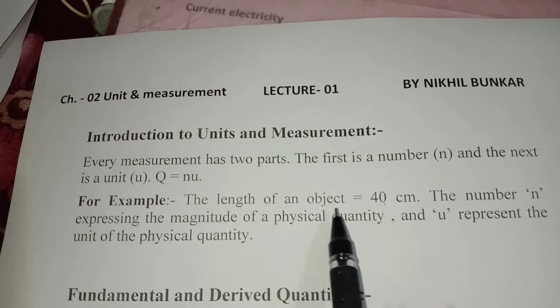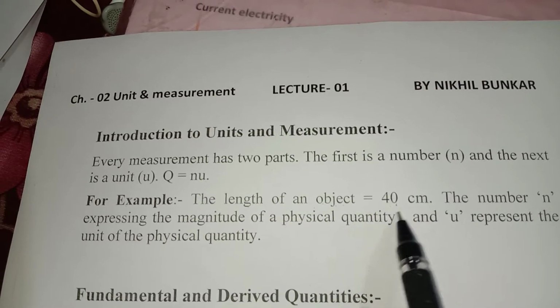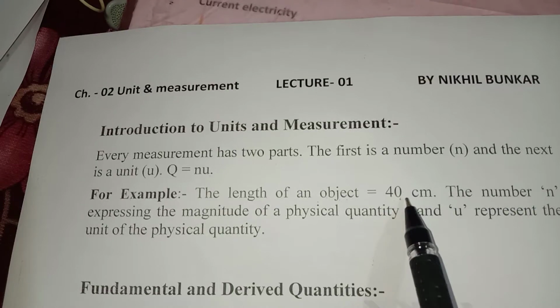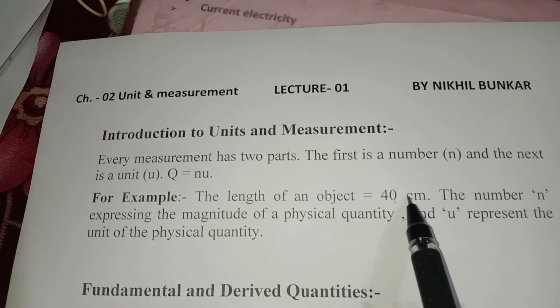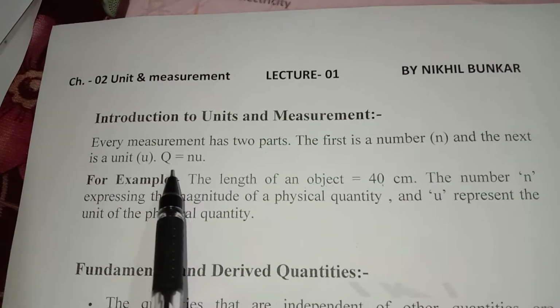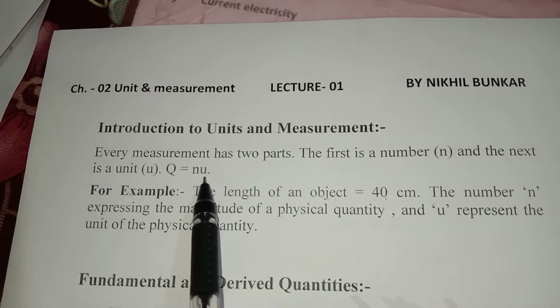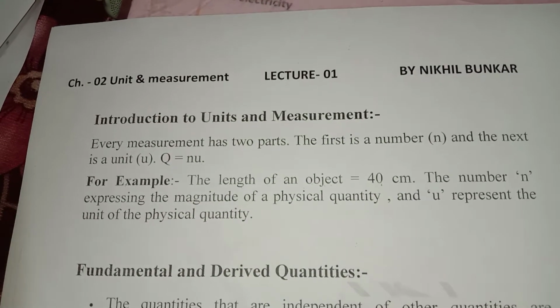So if the length of an object is 40 centimeter, the number which shows the length of the object, 40 here, is represented by n according to our equation, and the unit is represented by u, and here the unit is centimeter.